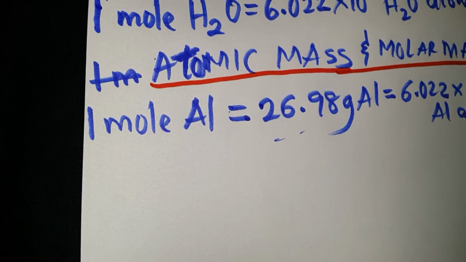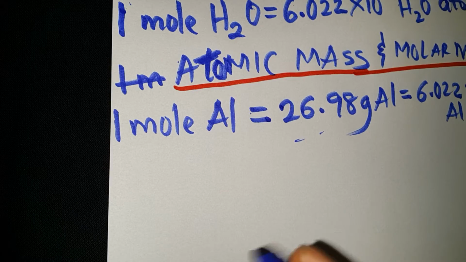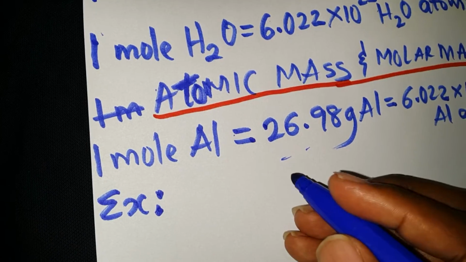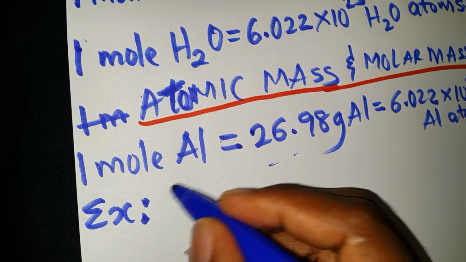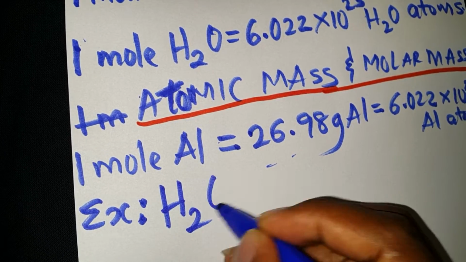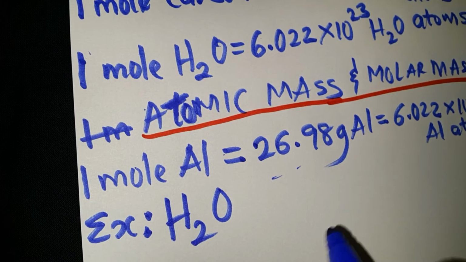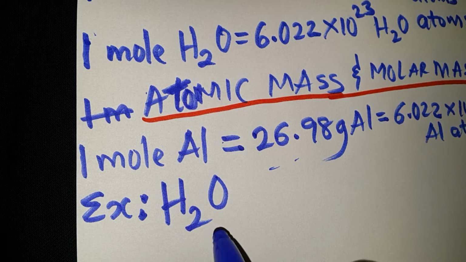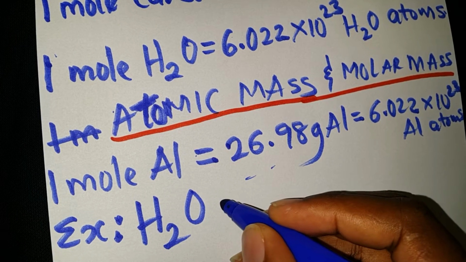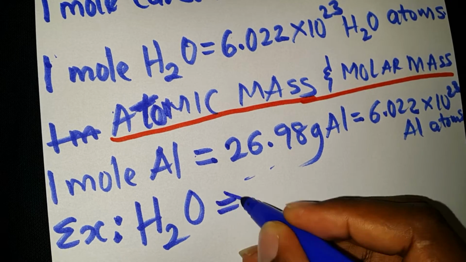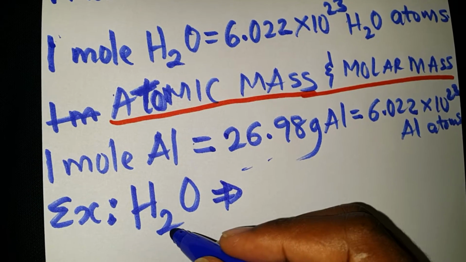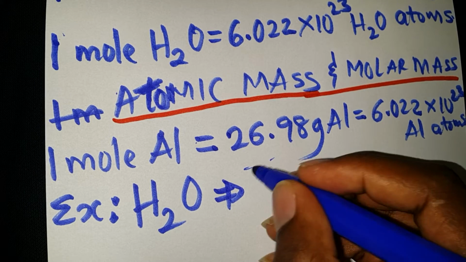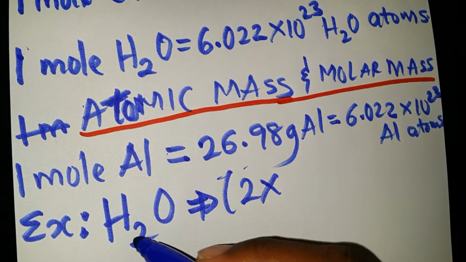Now let's talk about the molar mass. Let's solve one example. Take for example water, H2O. If you are asked to find the molar mass of H2O, you will need the table. We have 2 hydrogen here, so you write 2 multiplied by hydrogen.